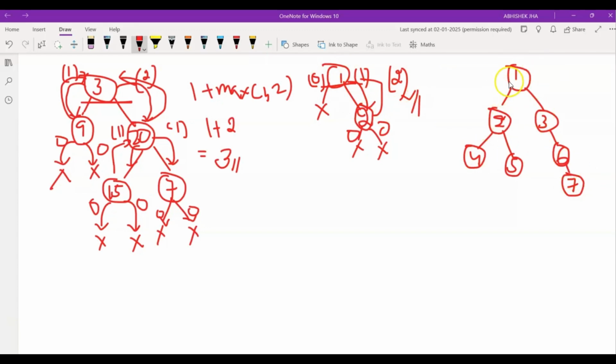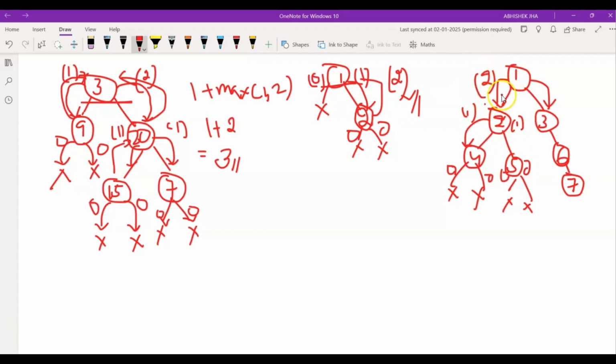Coming to this example, again it gives a left recursive call and right recursive call. 2 gives to 4, and 4 gives to its left node and right node, so both are null, they would return 0. 4 gives 1 as an answer to 2, and 5 gives 1 as an answer to 2, and 2 returns 2 as an answer.